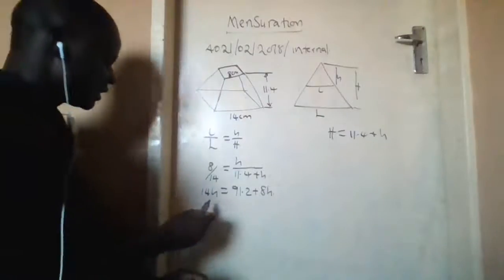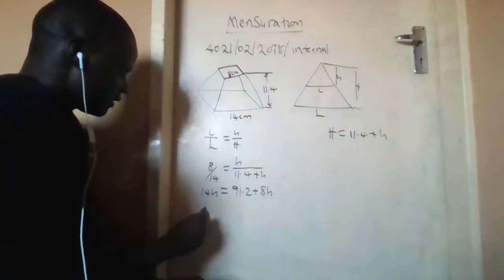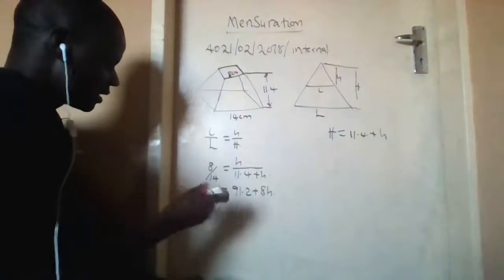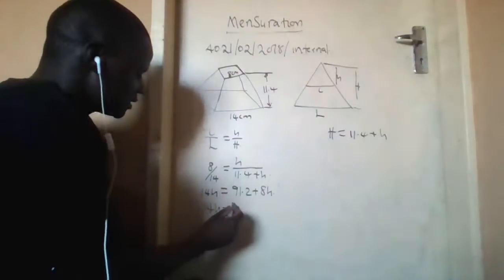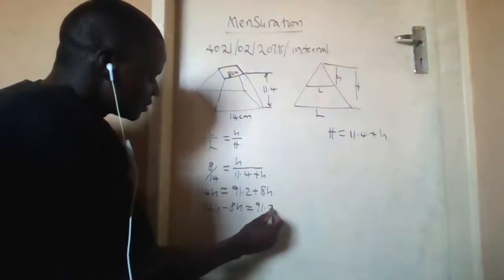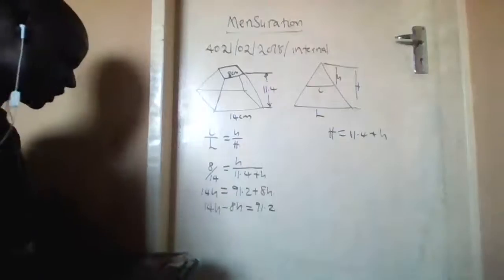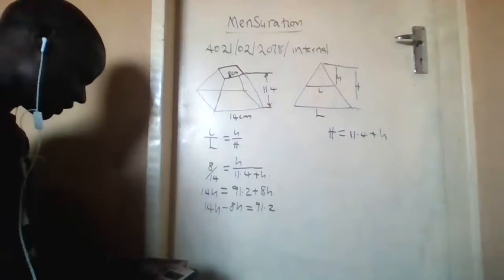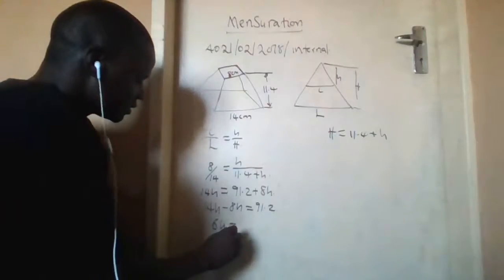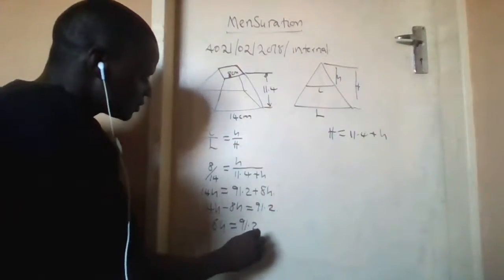So we're going to collect the like terms. We're going to say 14h minus 8h is equal to 91.2. Once you subtract, 14 minus 8 gives us 6. So we're going to say 6h is equal to 91.2.